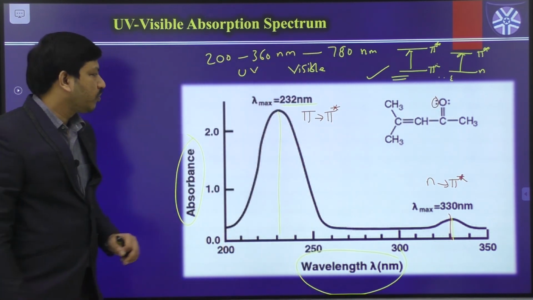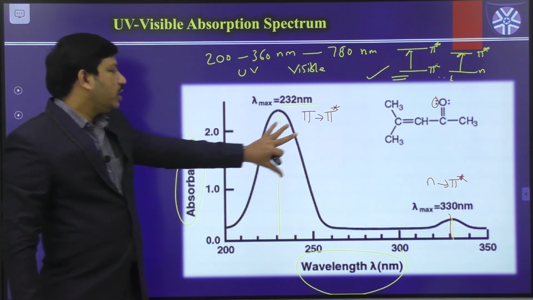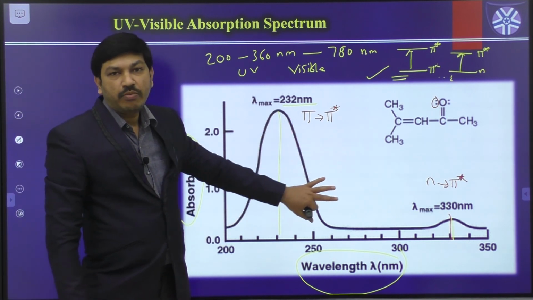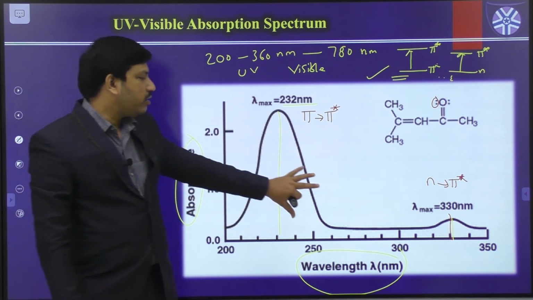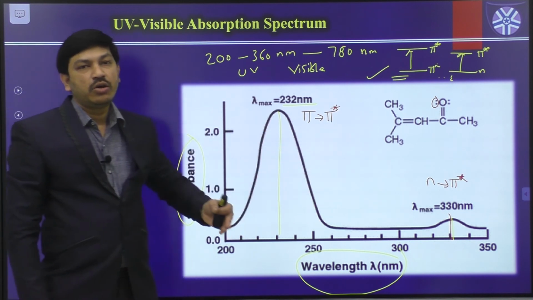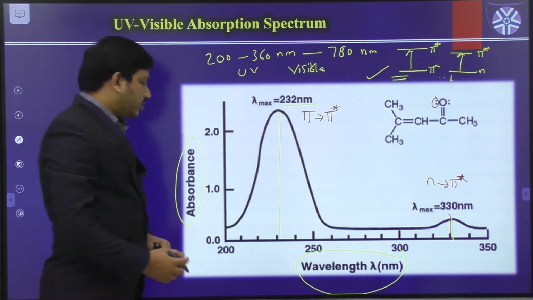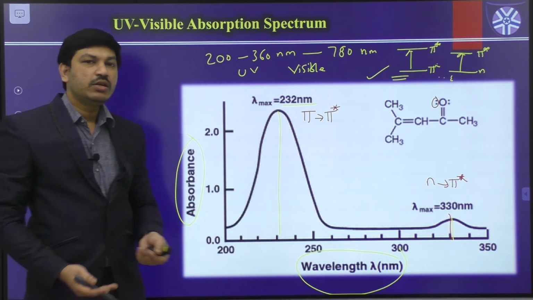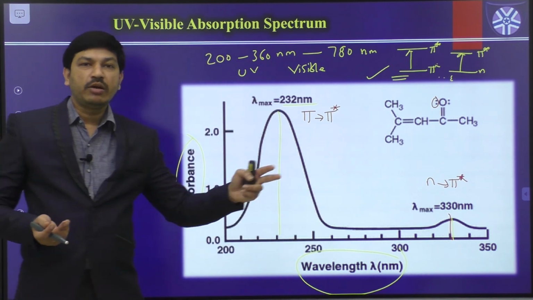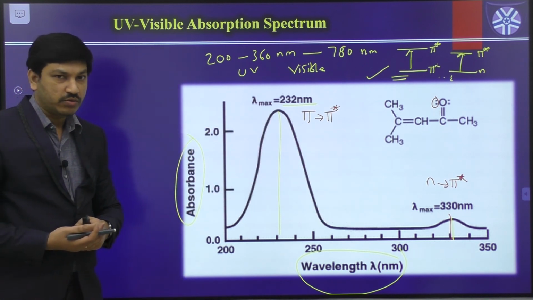Like this, for each compound we will get some absorption spectra. The spectra contain different kinds of peaks, and we have to analyze each peak intensity and peak value. From that we can understand what type of unsaturation is available in a given molecule. So this is something about the absorption spectrum. What does absorption spectrum mean? An absorption spectrum is always plotted between the wavelength and the corresponding absorption values.